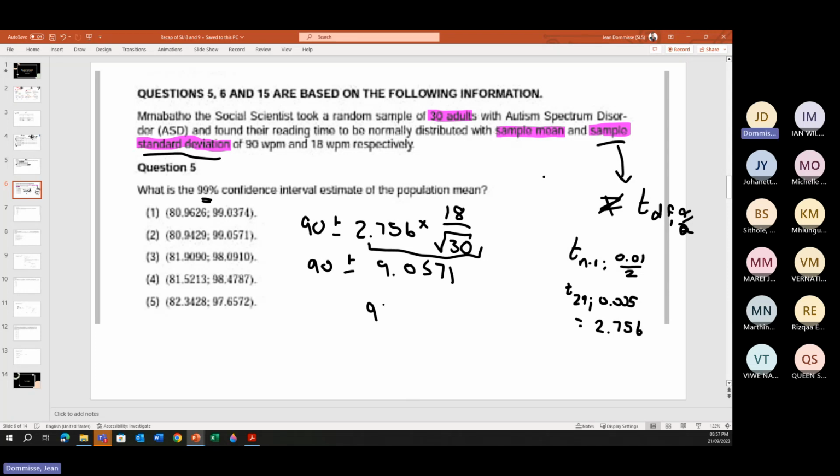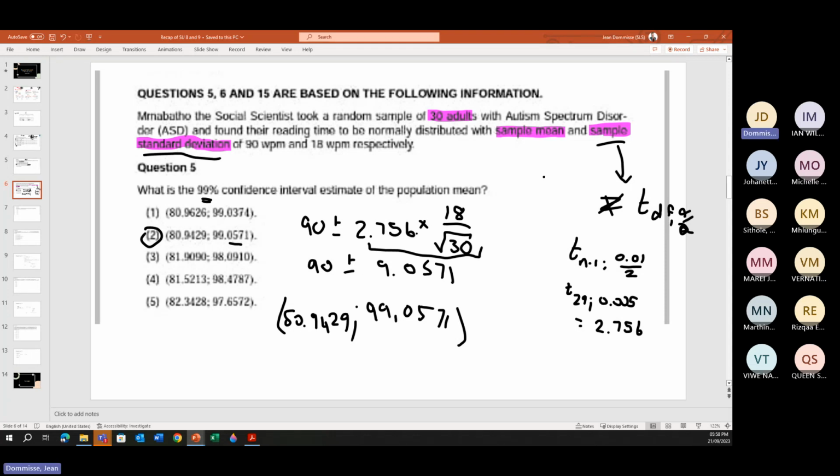So if I add 90 to it, it will be 90,0571. Okay, so there at least. And if I subtract that from 90, I get 80,9429. Okay, which is then option 2.